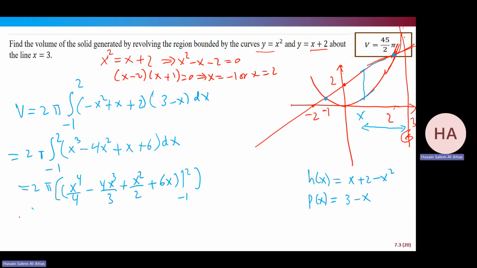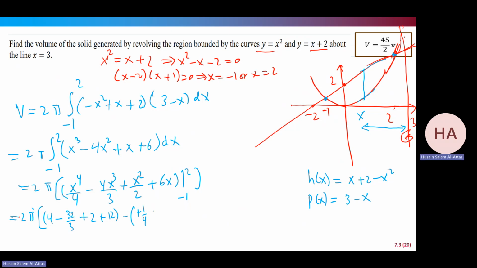Okay, I need to do some calculation now. That gives me, for 2, 16 over 4, that is 4, minus 2 cubed times 4, that will be 32 over 3, plus 2 plus 12, minus... this is minus 1 over 4, or plus 1 over 4, sorry.